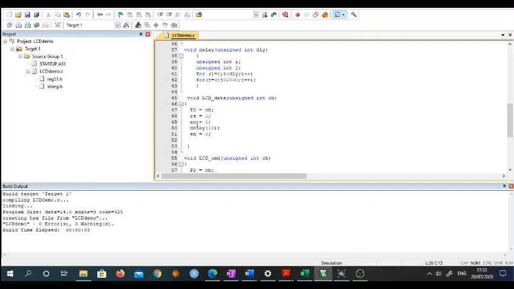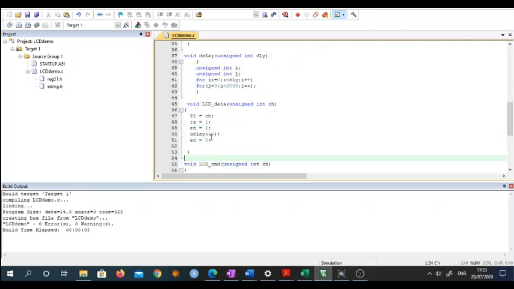Then I will enable it to 1 and call a delay for some time, because to send data or a command to the LCD I need to enable it for a small while. So I am sending a small spike at enable: making it high, calling the delay in between, and then making it 0 again.